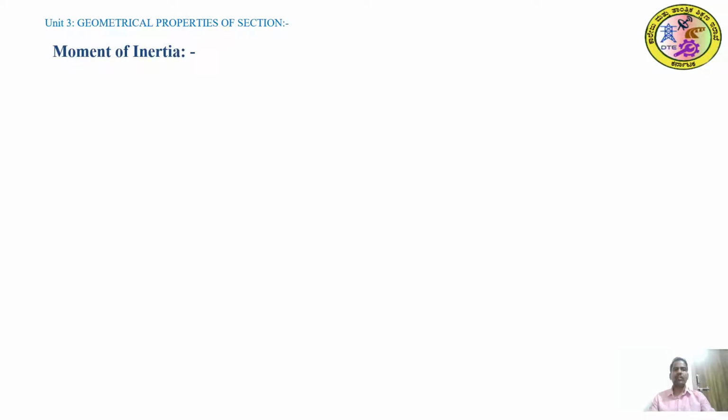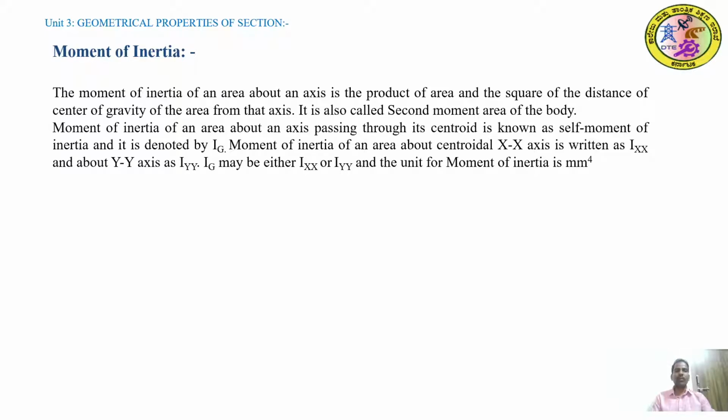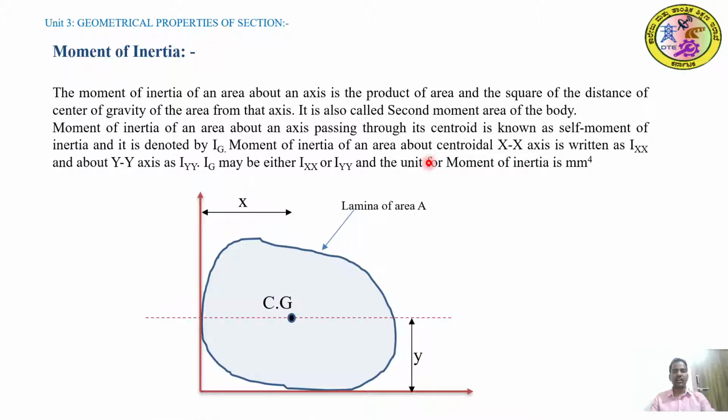Now coming to the moment of inertia definition, the moment of inertia of an area is the product of area and the square of the distance of the center of gravity from that axis, and it is also called the second moment of area, whose unit is millimeter power 4.